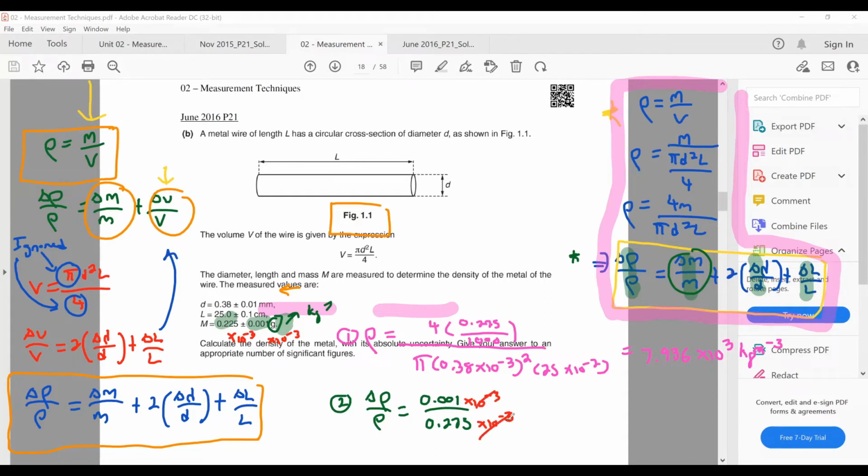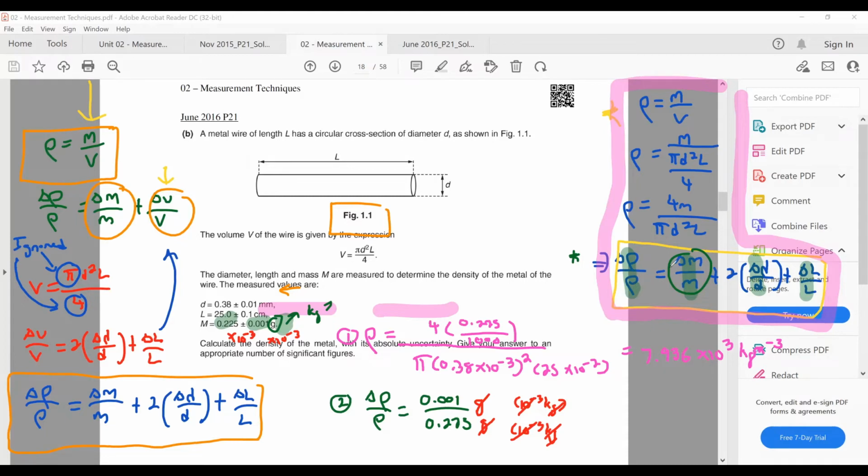So it actually is pointless to change the units because the units do cancel off. To put it simply, if it was gram and gram, the units cancel off. Even if I were to change it to kg, 10 power minus 3 kg over 10 power minus 3 kg, they will still cancel off.